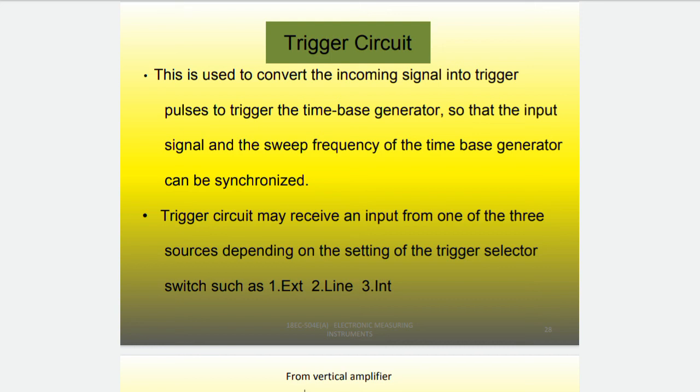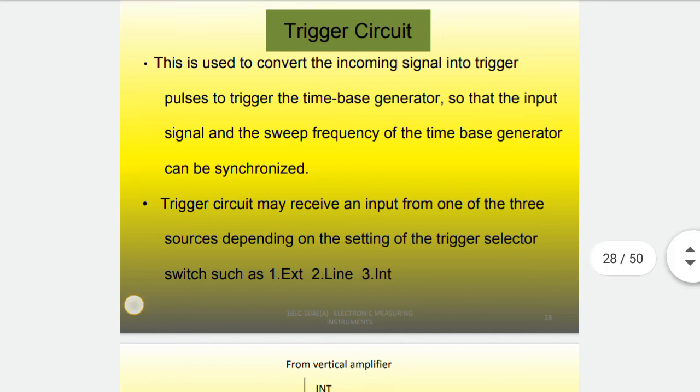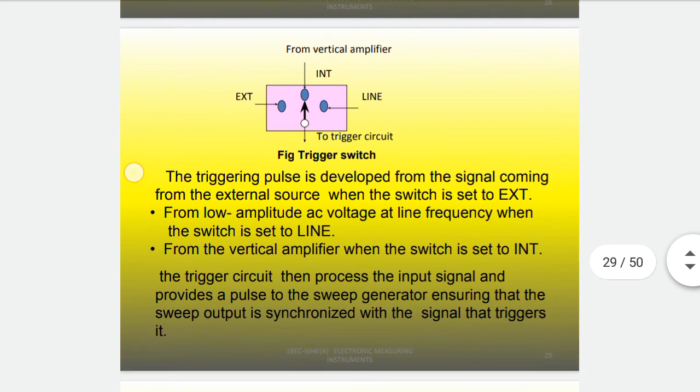The trigger circuit may receive an input from one of three sources depending on the setting of the trigger selector switch. It consists of three options: external, line and internal. You can see the figure.